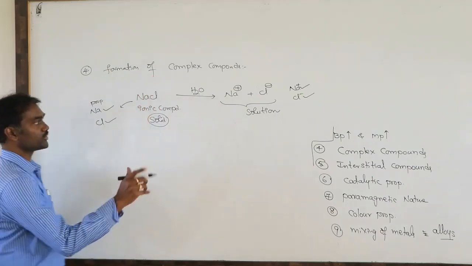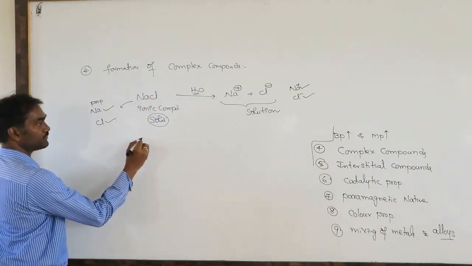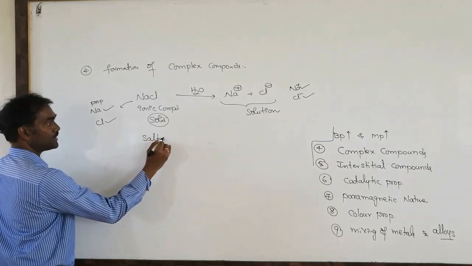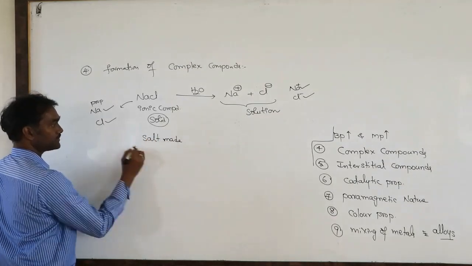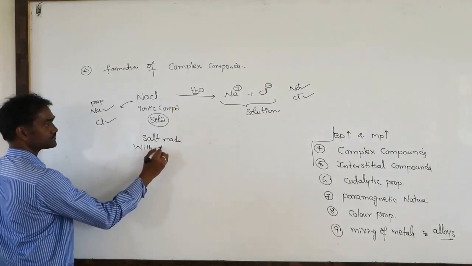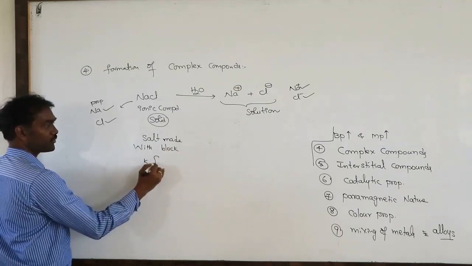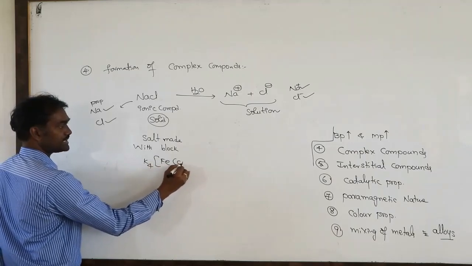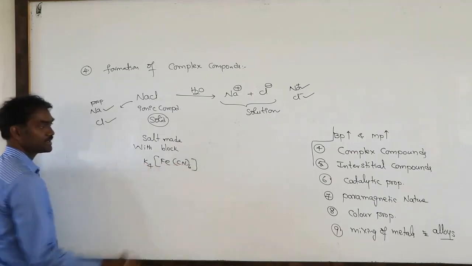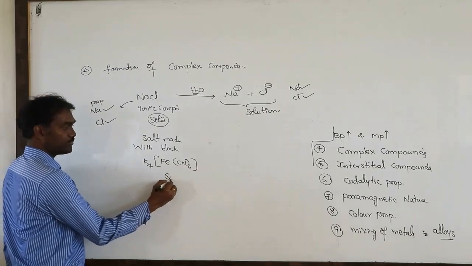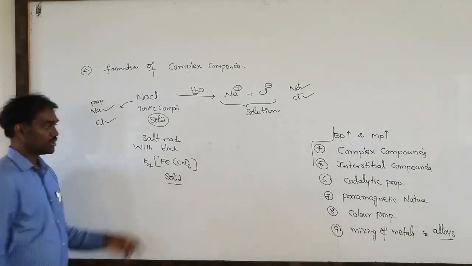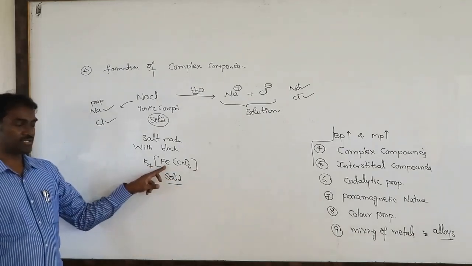But some compounds are salts made with d-block elements. Suppose you take K4[Fe(CN)6]. This is a d-block element solid, so iron is there. Iron is there means a d-block element.